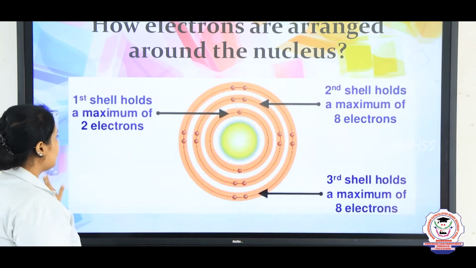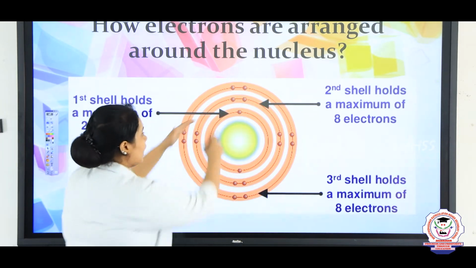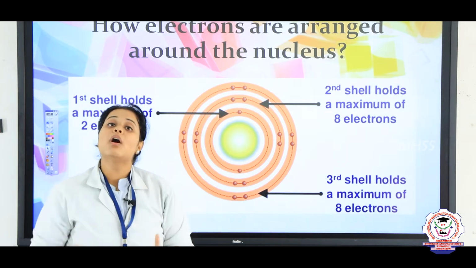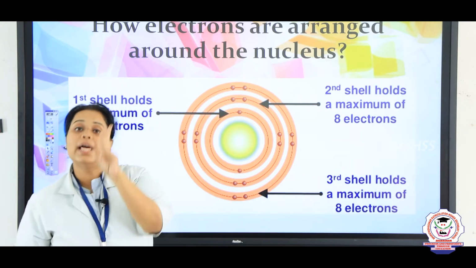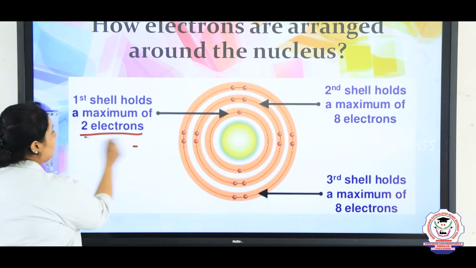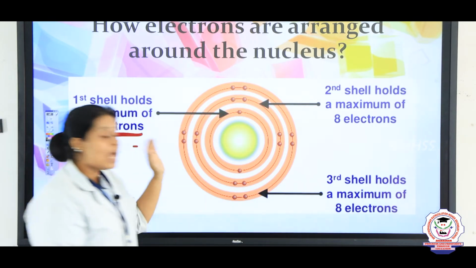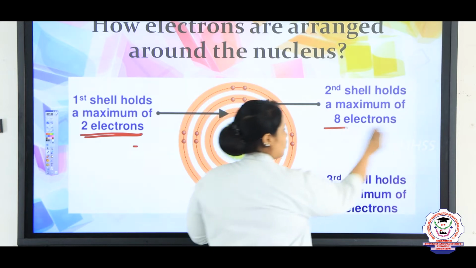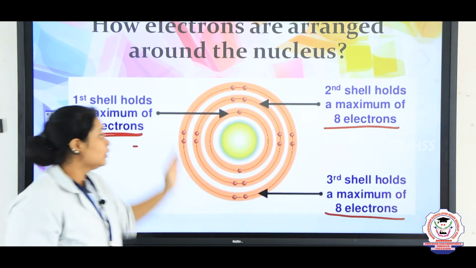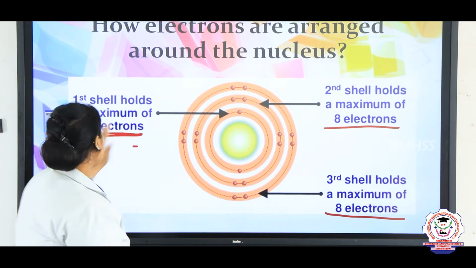For example, this is a nucleus with 3 shells around it. In the first shell there will always be 2 electrons, and in the second and third shells there will be 8 electrons. This is the way electrons are arranged in an atom.